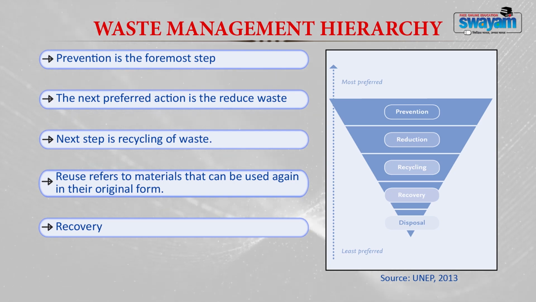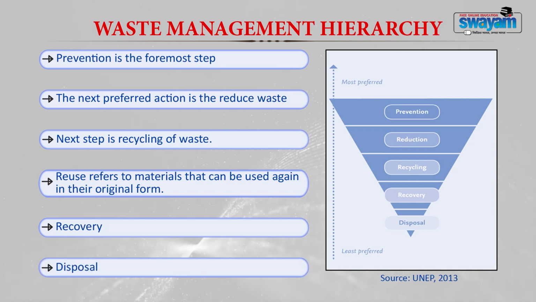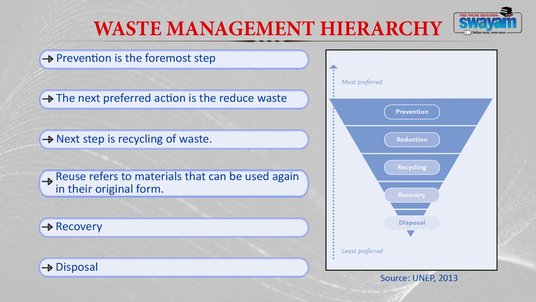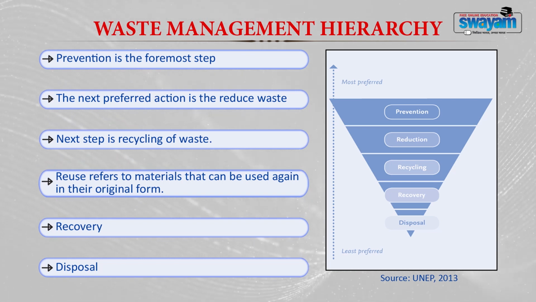If compost or vermicompost is produced, then these can be used in our agricultural fields, and these will certainly help in maintaining the soil health and soil productivity. And if anything cannot be done, only then we should think of the disposal. So, prevention is the topmost preferred approach in the waste hierarchy, and the disposal is the least preferred approach in the waste hierarchy.